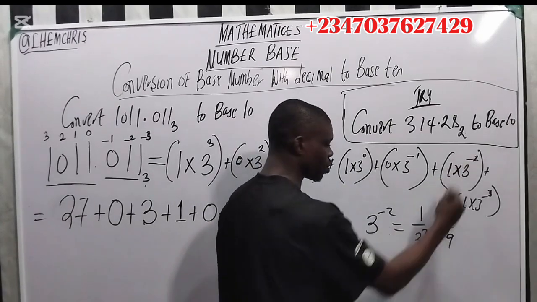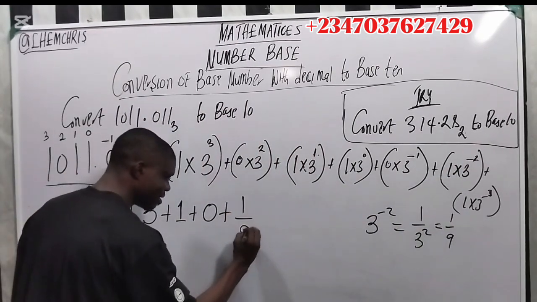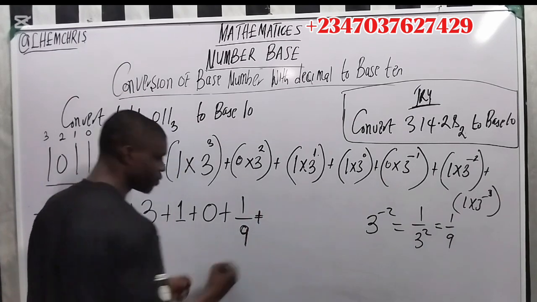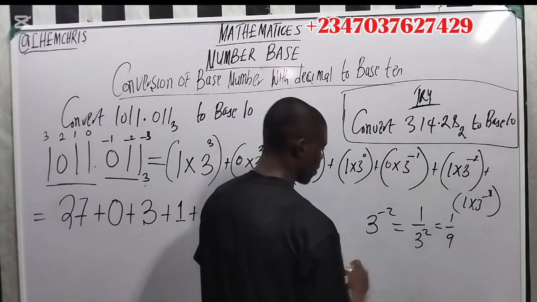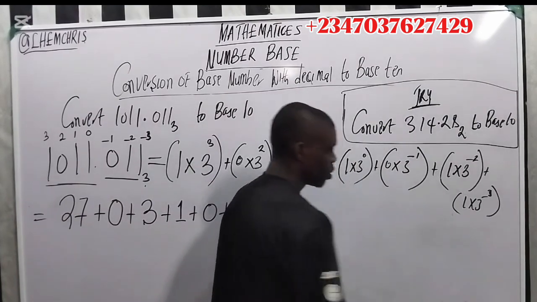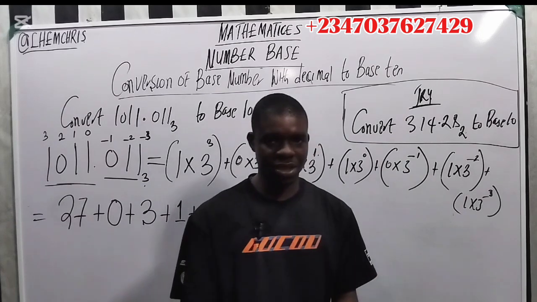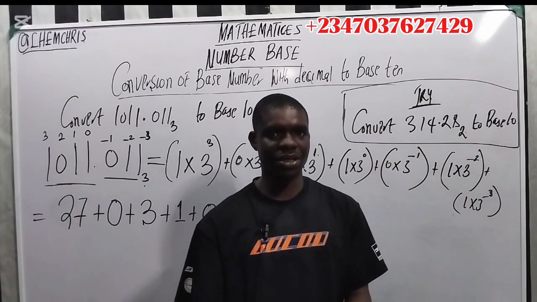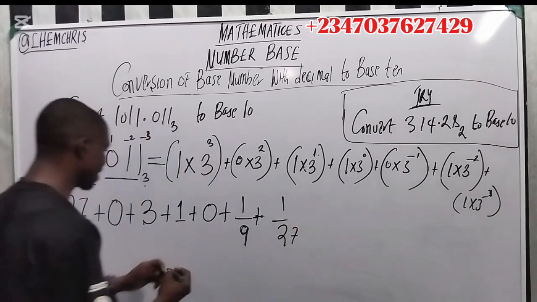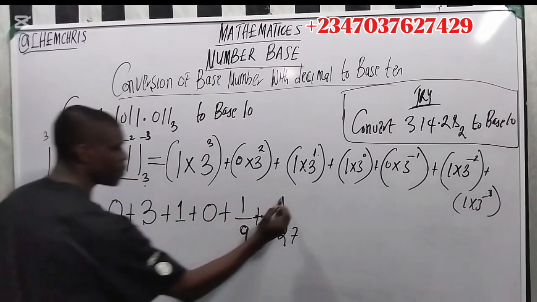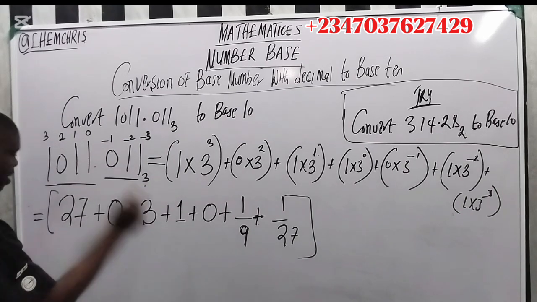So 1 times 1 times 1 over 9, you're going to have 1 over 9, plus, right? 3 raised to minus 3 is going to be 1 over 3 times 3 times 3. 3 times 3 is 9. 9 times 3 is 27. So it's going to be 1 over 27, right? We have done this one here, but this is not the answer. So 27 plus 0 plus 3 plus 1.